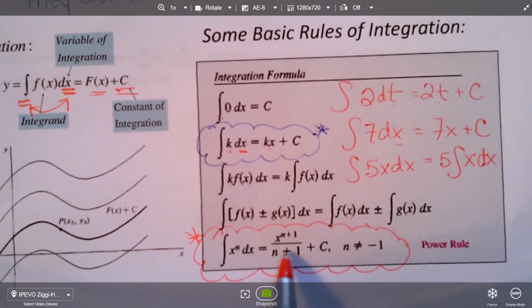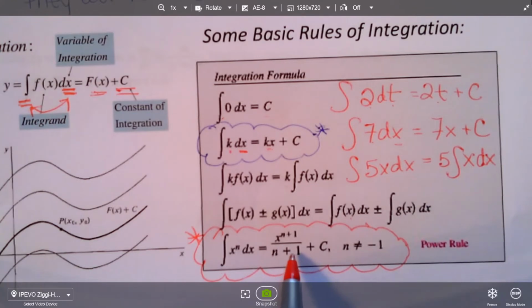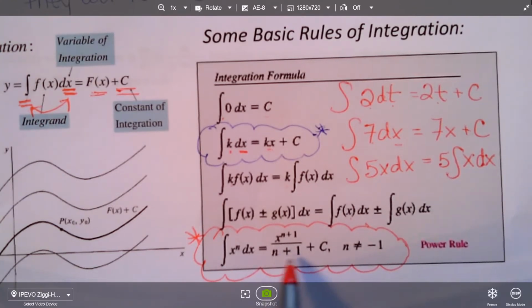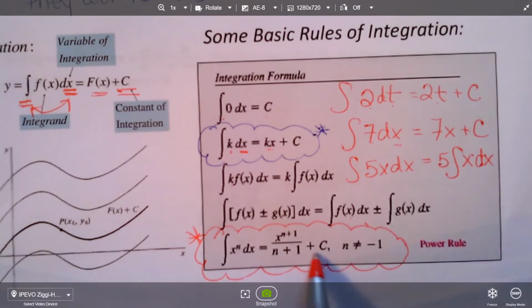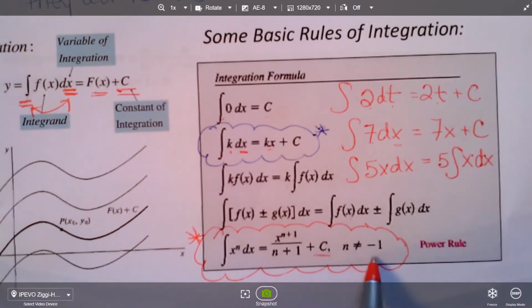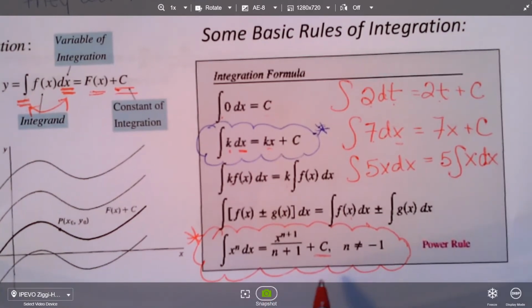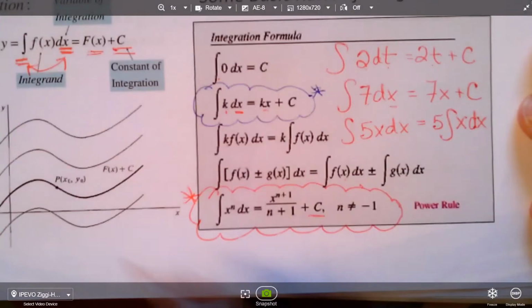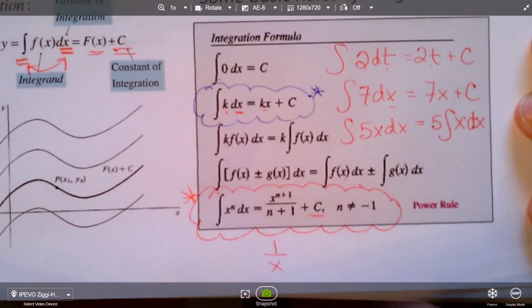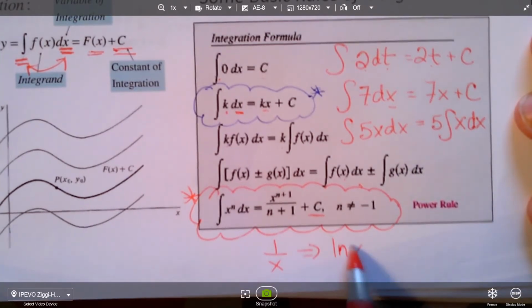So when you have n plus 1 on the bottom, and then on the top, x to the n plus 1. And then at the end, plus c. The only rule here is that you can't have x to the negative 1, so we can't integrate this guy. Actually, if you do integrate that, what you get is ln x.